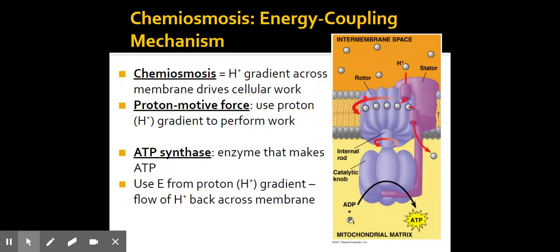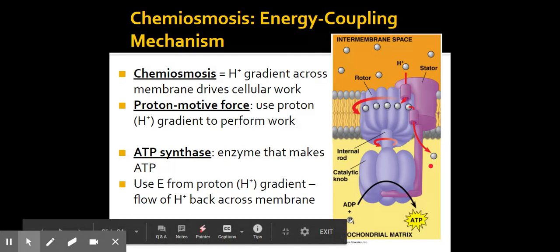And it works as kind of a motor system, right? So it has this proton motive force where it's going to pump and push those hydrogen ions through and enter into the mitochondrial matrix.